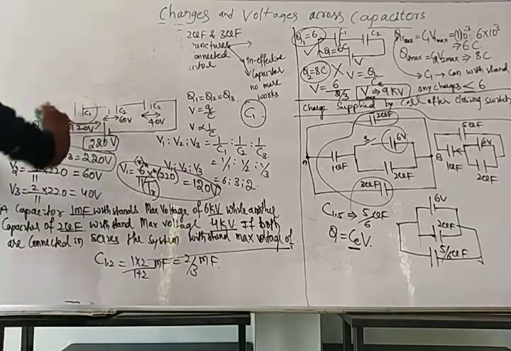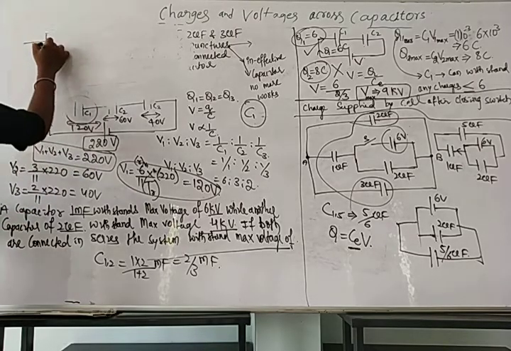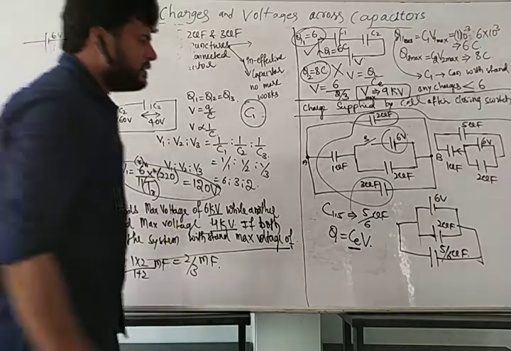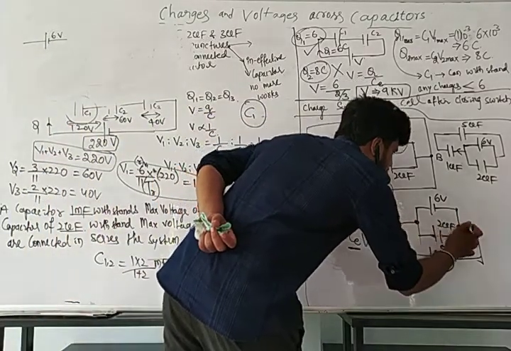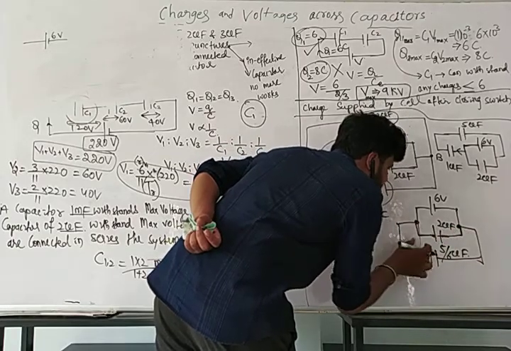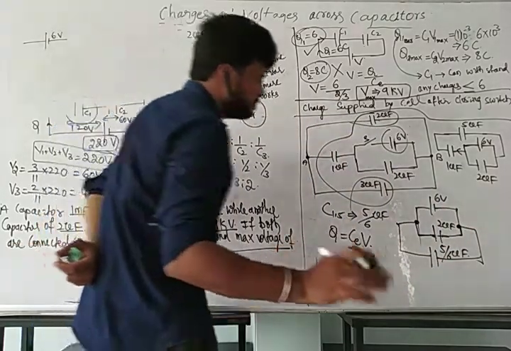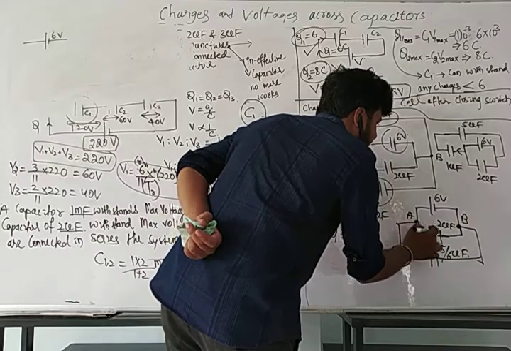To make that CE possible, I can replace that circuit like this. Shall I write this as 6 volt? Now if you consider the potential difference here, the potential difference across this capacitor and across this capacitor will be the same.